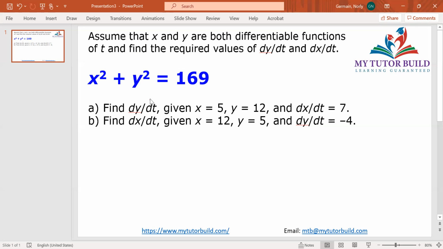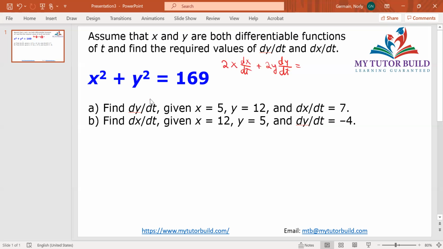So here, it would give us 2x dx/dt, because we derive with respect to t, plus 2y dy/dt, because remember, we're doing implicit differentiation. So if you want to see more about implicit differentiation, feel free to look at other videos.